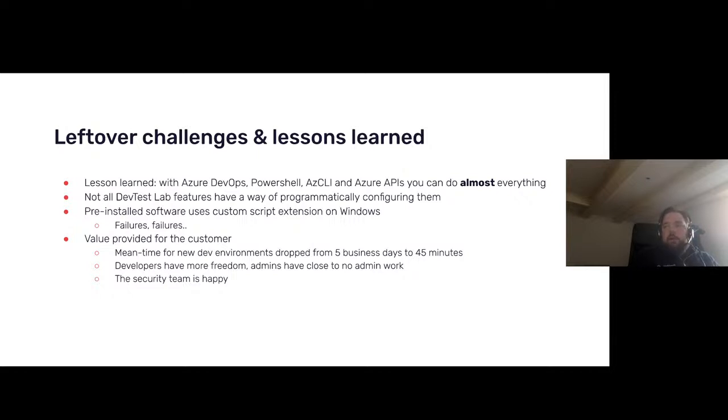It would even be faster without all the pre-installed software and all that, but the rough average is 45 minutes. I think that made the developers happy. They can get access to new environments faster, and the admins don't have to do any of the admin work that they needed to do before.